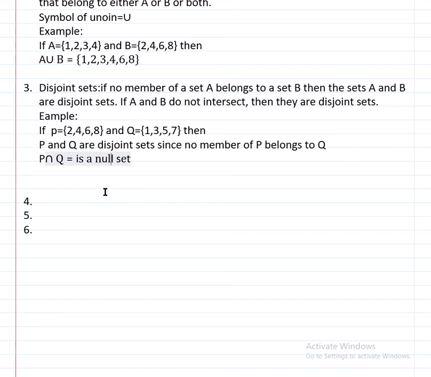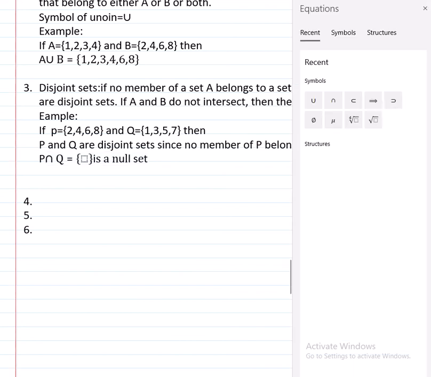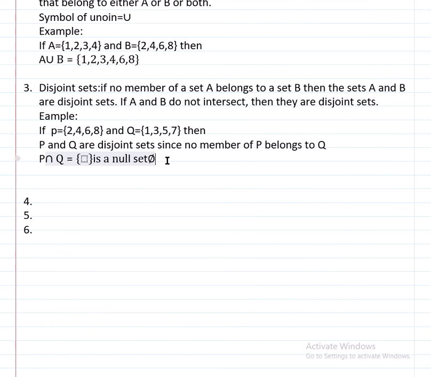All right, it's a null set because they do not intersect. Or we can use the null set symbol as well. All right, so that is it. Okay, so we know disjoint sets.